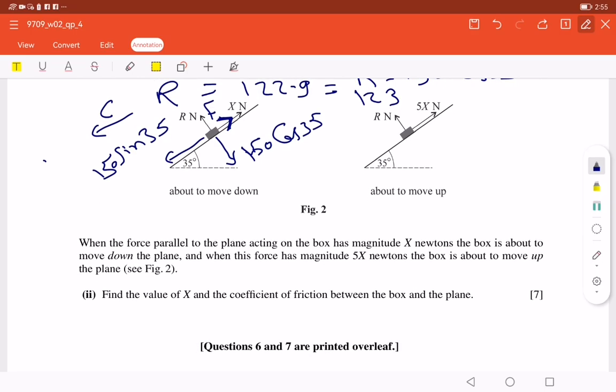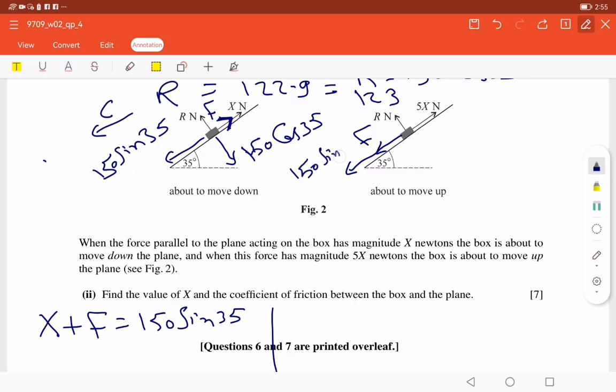Suppose the friction force is F. Now the equation of motion with respect to this figure equals what? x plus F equals 150 sine 35. In the second figure, when the force is 5x, the motion will be upward. What does it mean? It means the friction force will be downward. Don't forget the component of the weight, 150 sine 35.